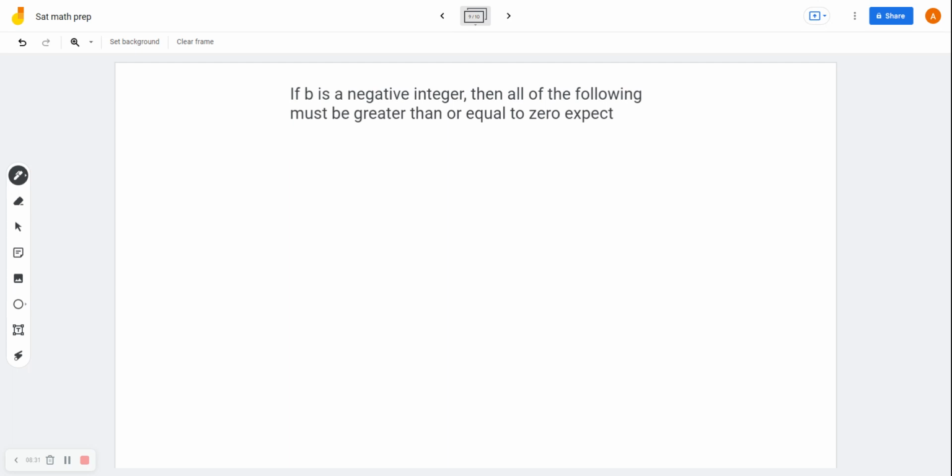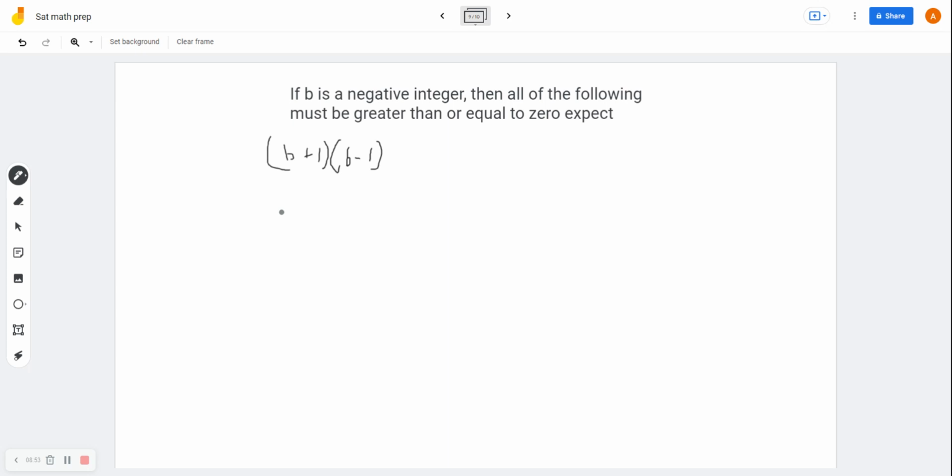Let me look at the thing. So the choices are: B plus 1 times B minus 1. Minus 1 is one of them.